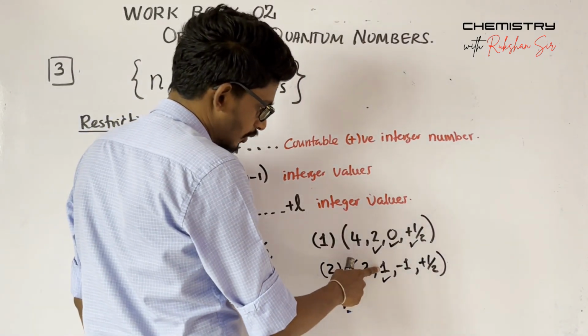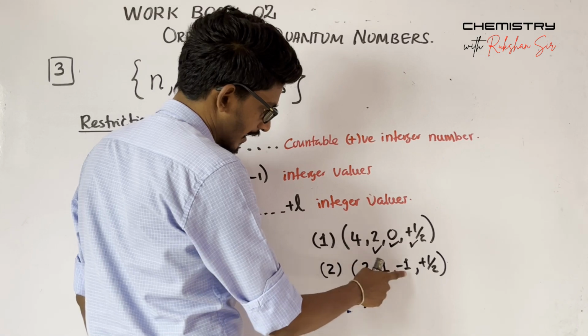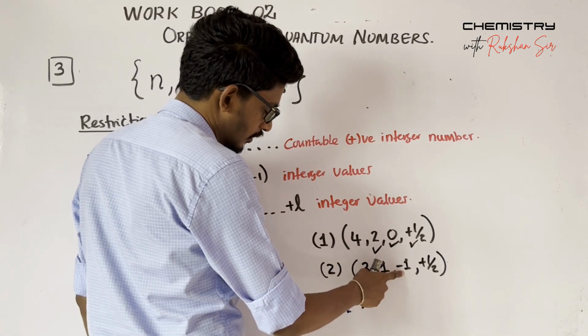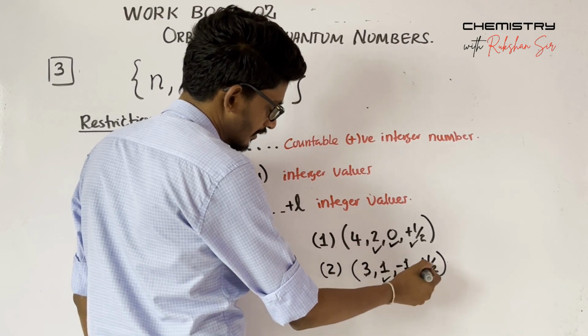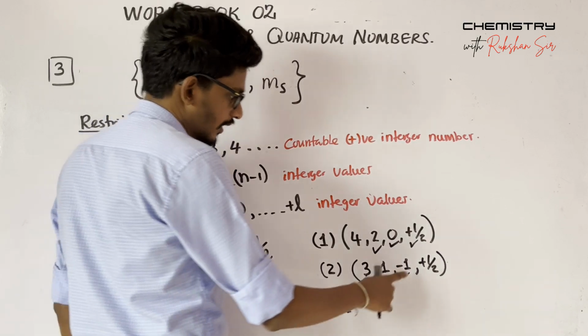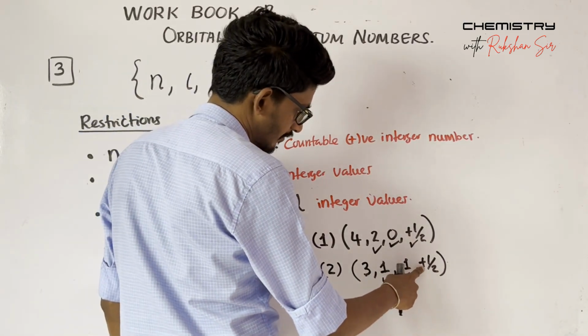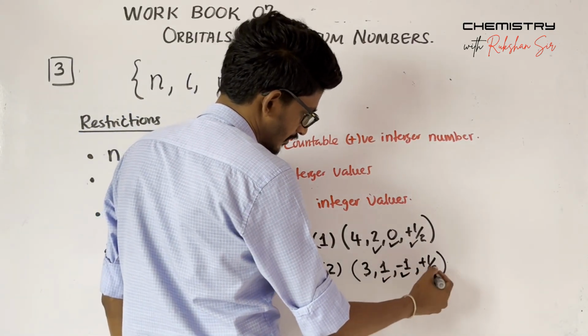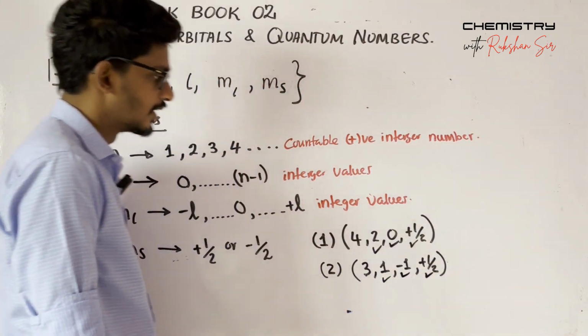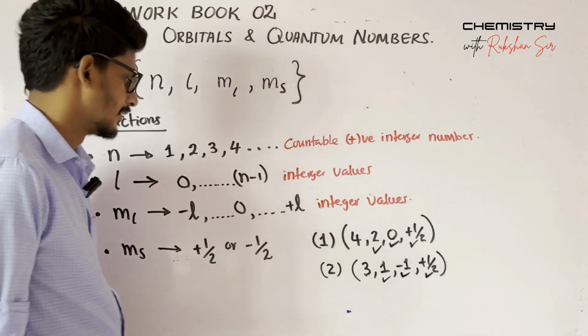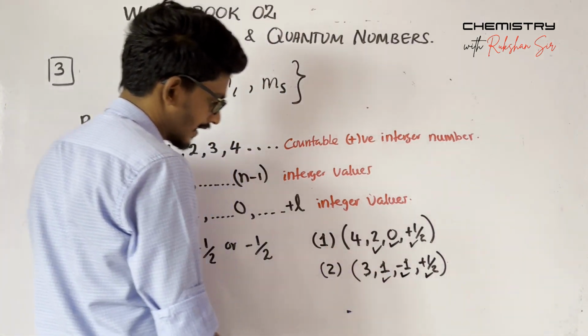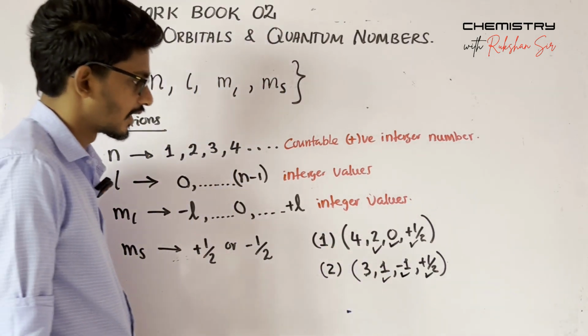When L is equal to 1, you can have minus 1 to plus 1 along with 0 as ML values. Minus 1 is available, 0, plus 1. As MS, the plus half and the minus half are okay, so plus half is there. So the second quantum number set is also acceptable.